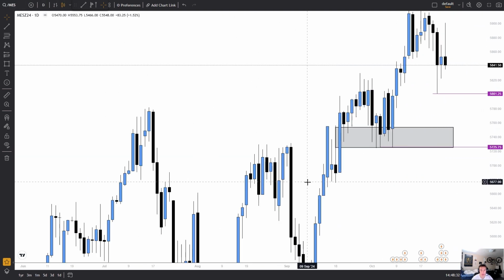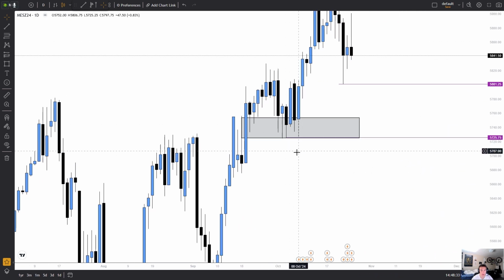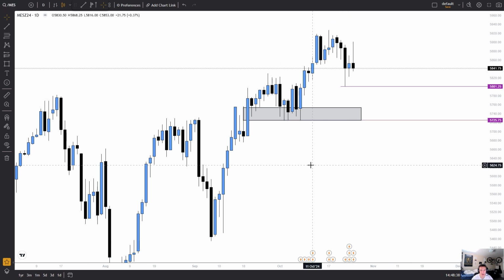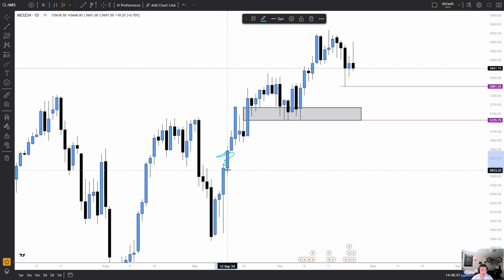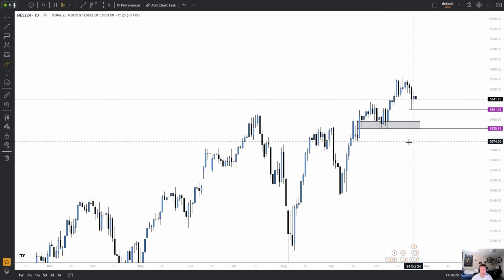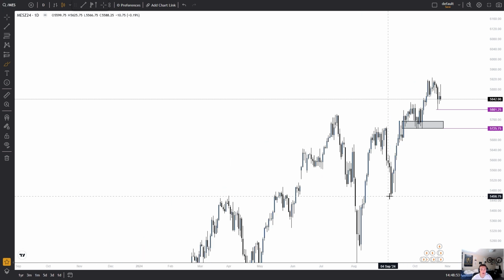We don't have many fair value gaps here, and the next imbalances that we're looking for in the market are down in this range. I don't think we could get down to here in the next few weeks or even days. It would probably take a month to get down to here.